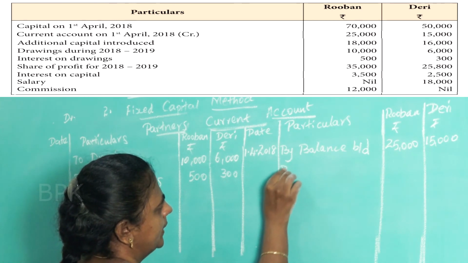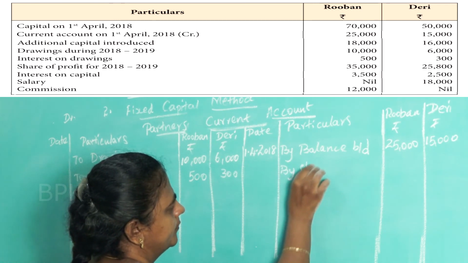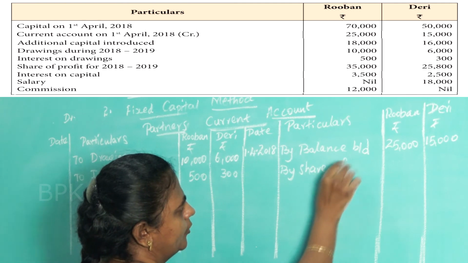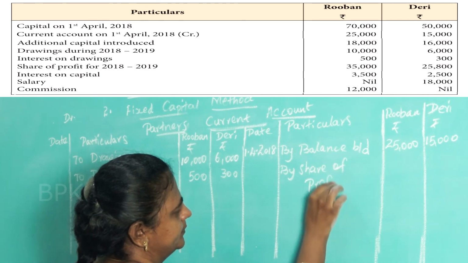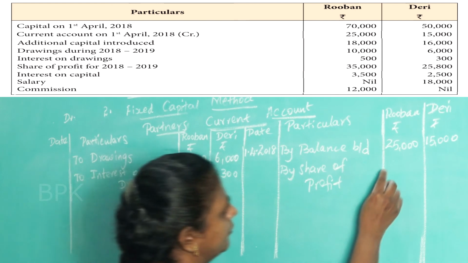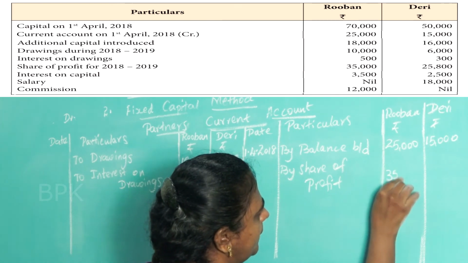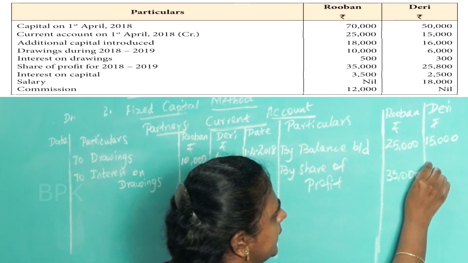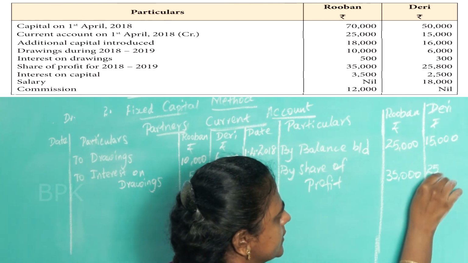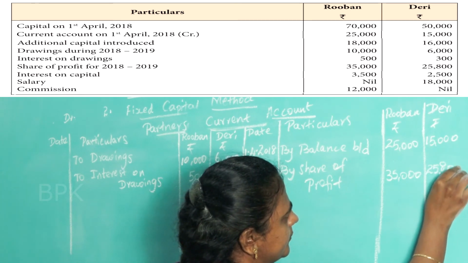Next is share of profit. So we write here by share of profit 35,000, 25,800.